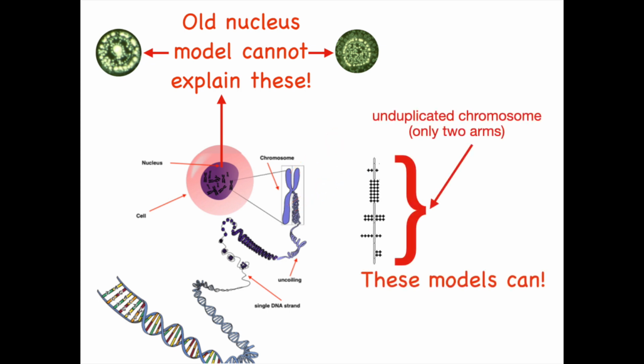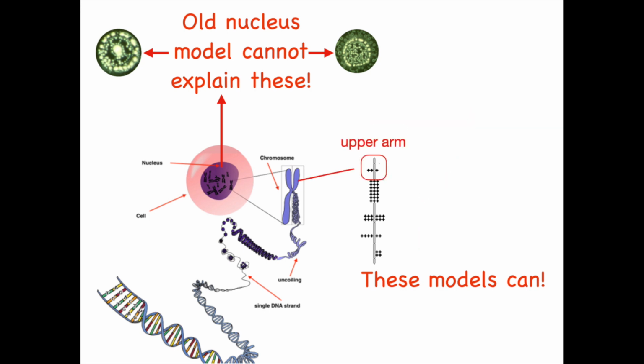What this shows here, it's a very strange looking model. It's an unduplicated chromosome, so it only has 2 arms, unlike the blue one that had 4. So there's the upper arm in relationship to the blue chromosome, and there's the lower arm in relationship to that chromosome.